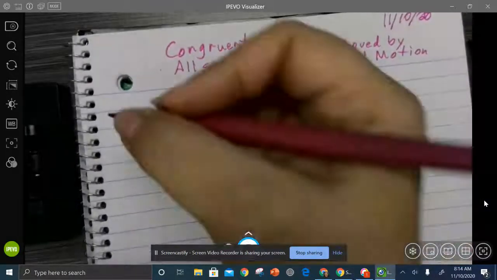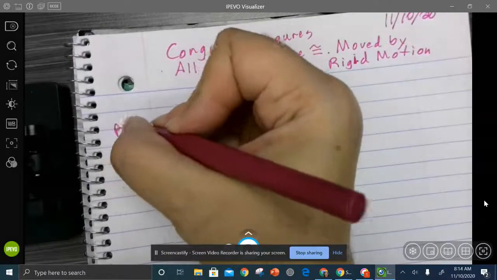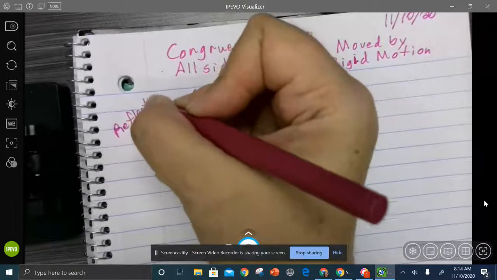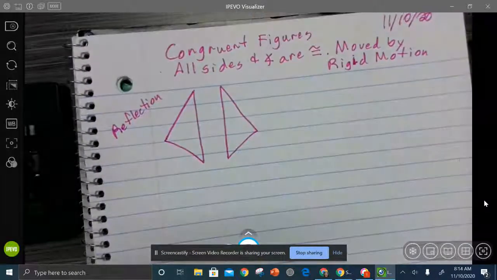Okay, so an example would be this one that we did. So this would be a reflection. Okay, so we reflected it. So we're going to list all the congruent angles and sides.